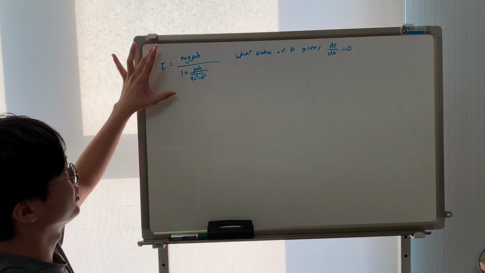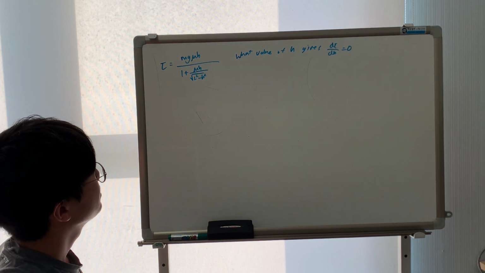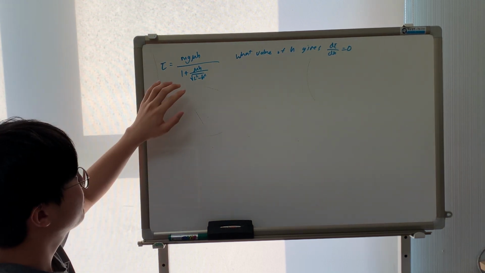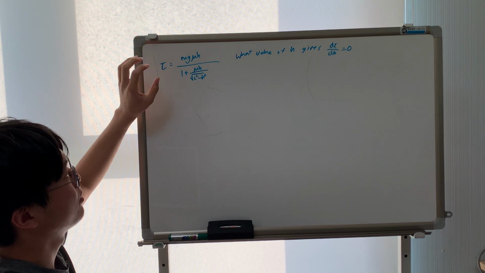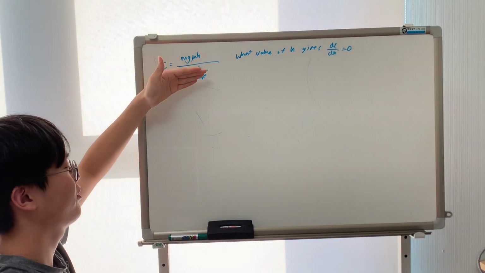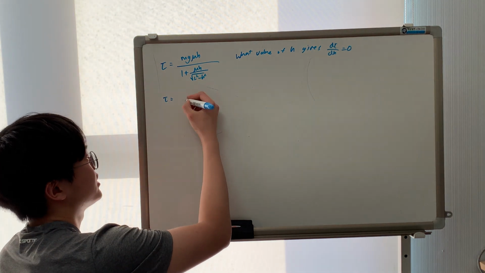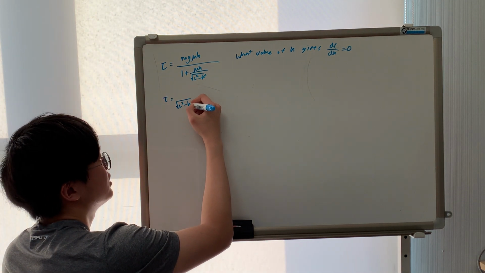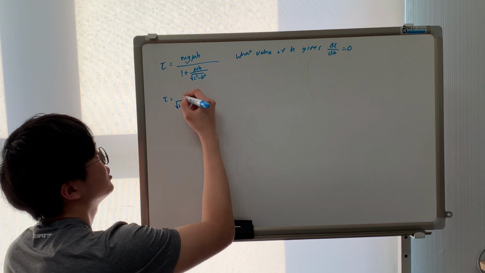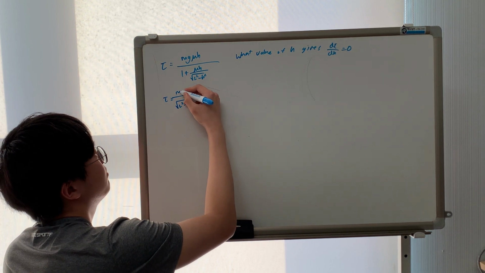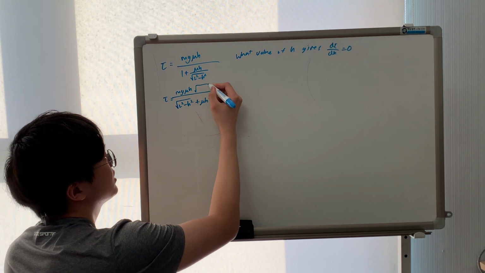Now we have this equation. Let's multiply square root of L squared minus h squared to both sides, because we don't want any fractions inside a fraction. So we have, torque is then equal to mg mu h times that, over square root of L squared minus h squared plus mu h.